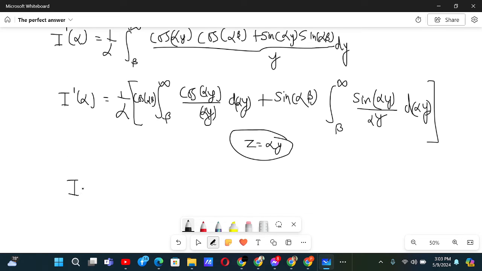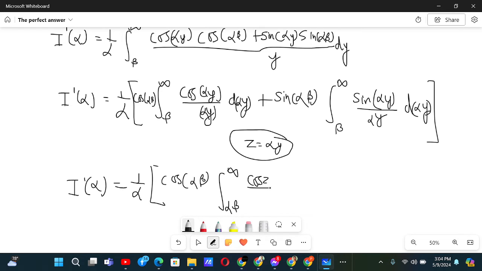That gives us the derivative of I of alpha as 1 by alpha, and then cos of alpha beta, and with this change of variable we have the integral from alpha beta to infinity of cos g by g dg, plus sine of alpha beta, and then this is the integral from alpha beta to infinity of sine g by g dg.